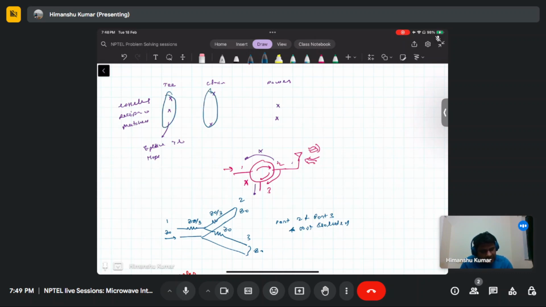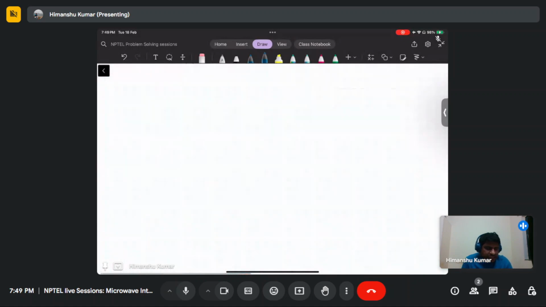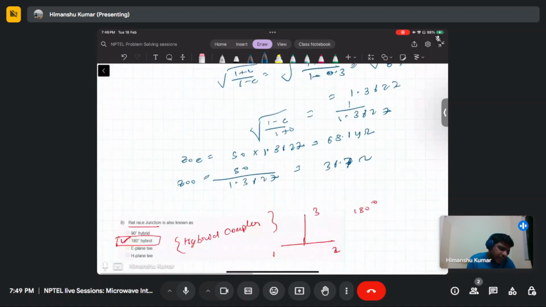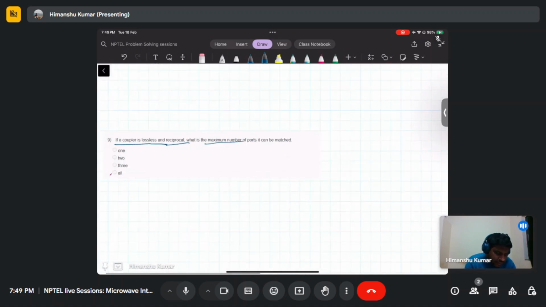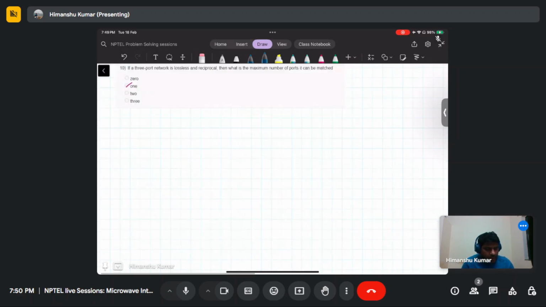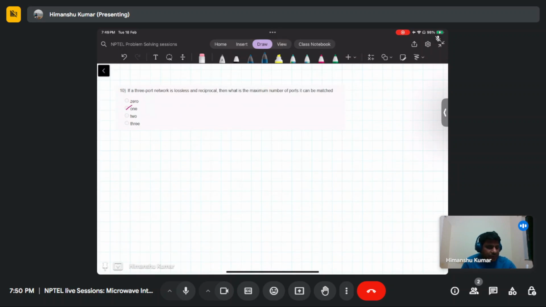So either you can achieve lossless and reciprocal, and then matching is not possible at all ports. If the device is both lossless and reciprocal, then for a four-port device you can match all the impedances. So the maximum number of ports that can be matched is all of them.